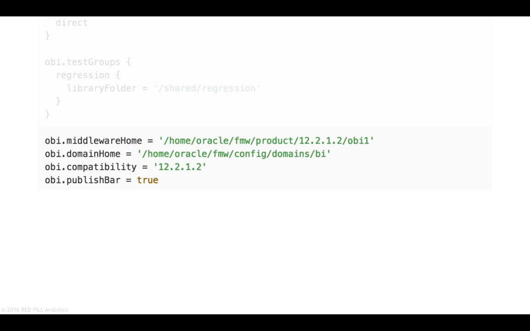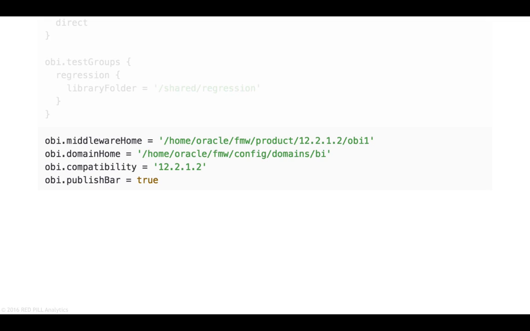There's a lot of different ways to upload repositories, publish catalogs, etc. And so that compatibility flag just is a way for us to support all those different APIs. Sometimes the differences are subtle, but sometimes they're quite different, specifically from, say, 11 to 12. So that's just a way for us to tell Checkmate how to interface with those APIs.